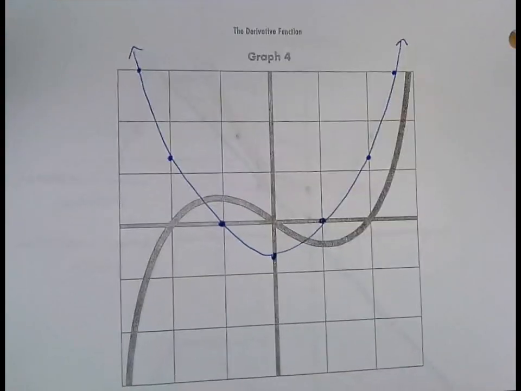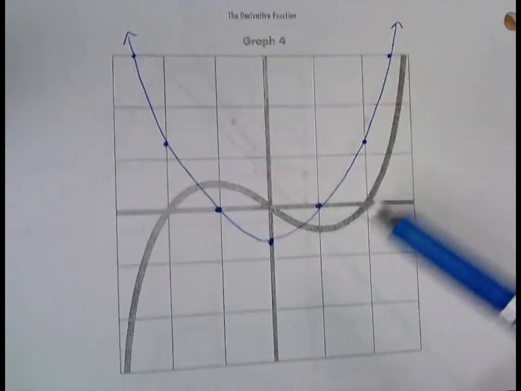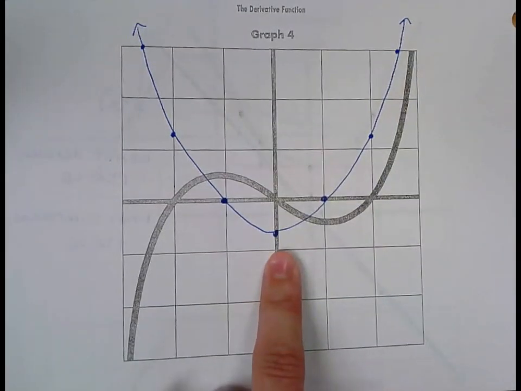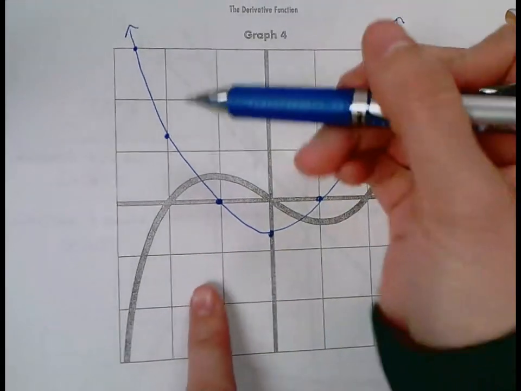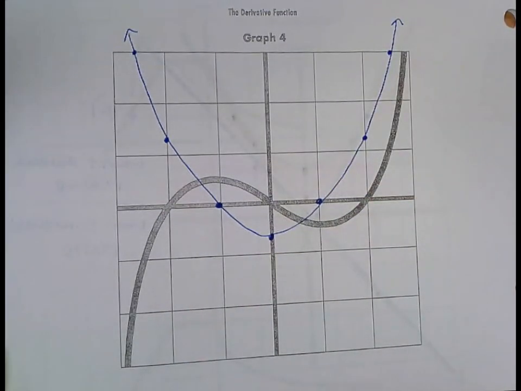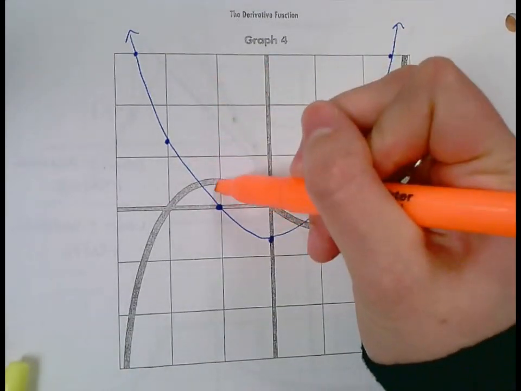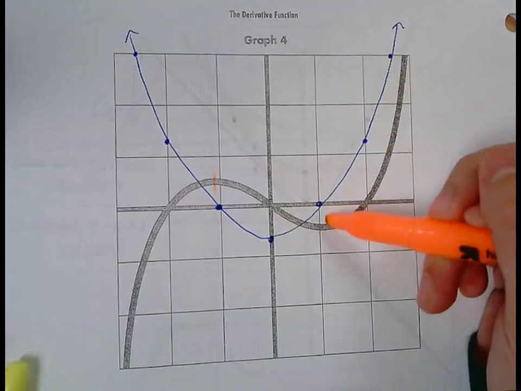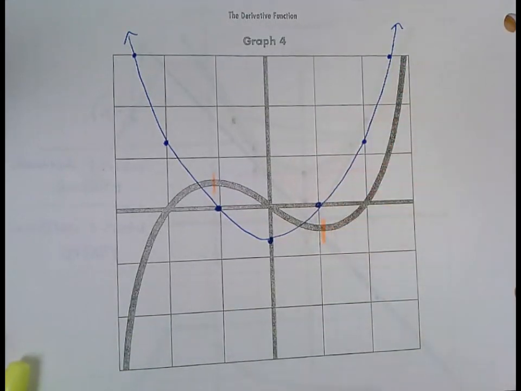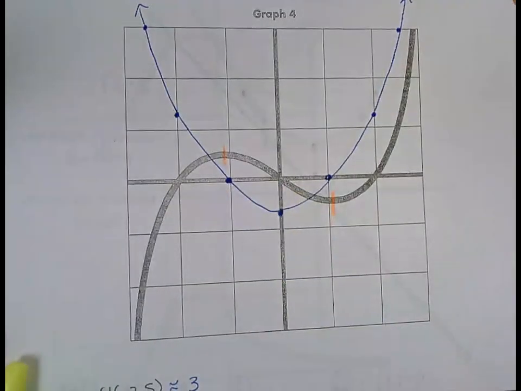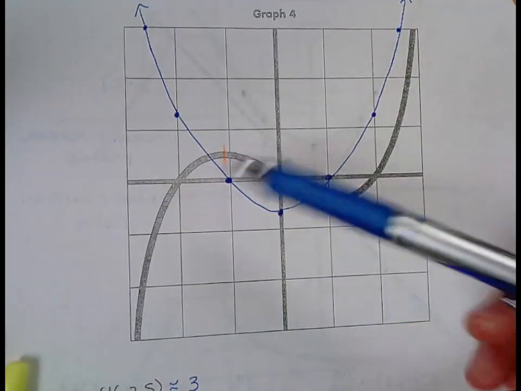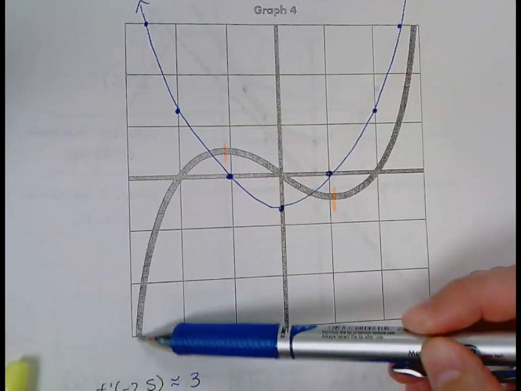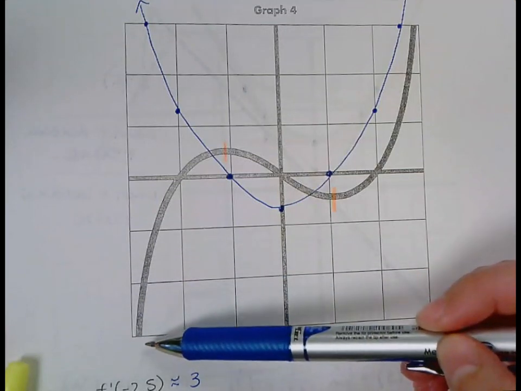So I would like you, well, actually, quickly to talk more about this one. Again, notice, I'm just going to make a couple of marks on here. A couple things to notice, the ideas we talked about in the last one. From negative infinity, this is like one of the examples we looked at yesterday too.